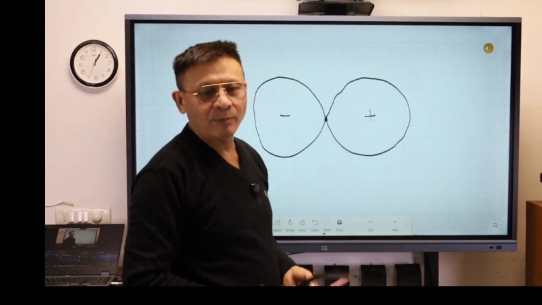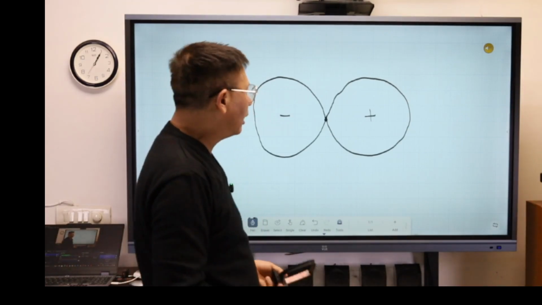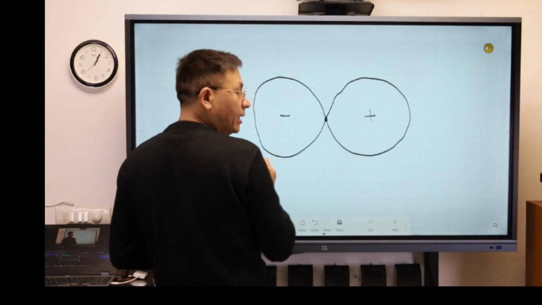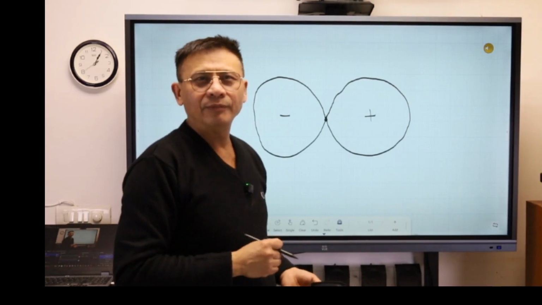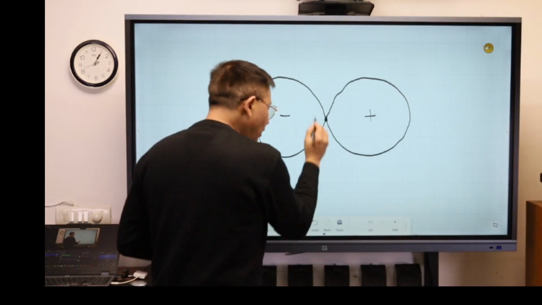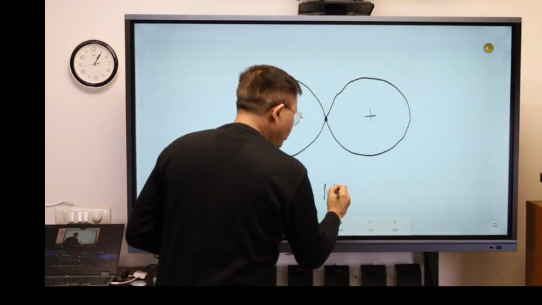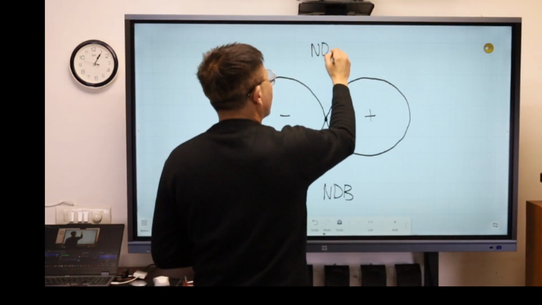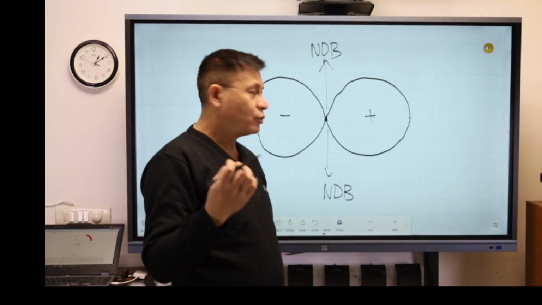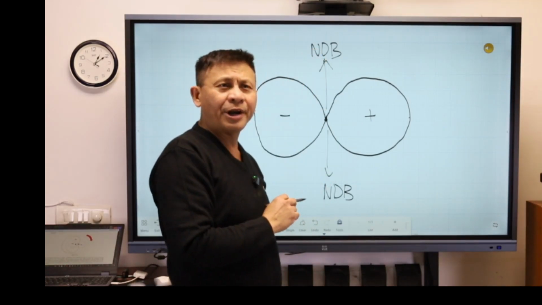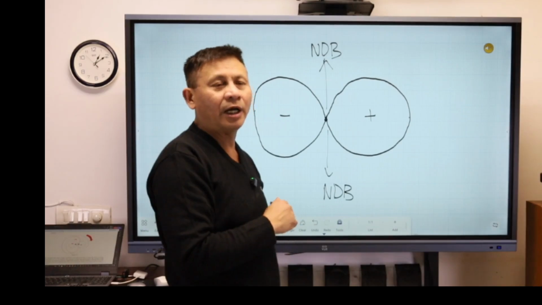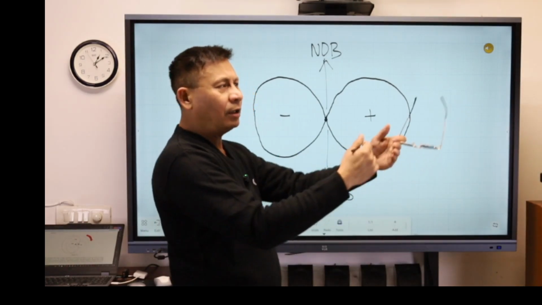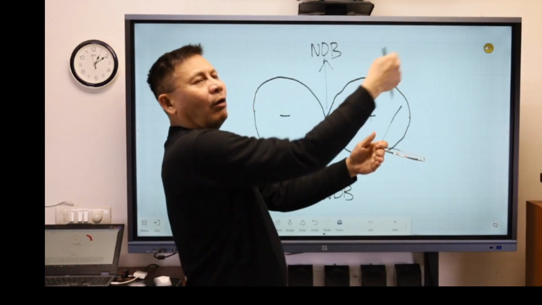So this is the polar diagram of a loop antenna, which looks like a figure of 8. So my NDB can lie in this direction, as we have just discussed, or in this direction also. So now there is a 180-degree ambiguity because the antenna is not able to decide whether the NDB is this side or this side.